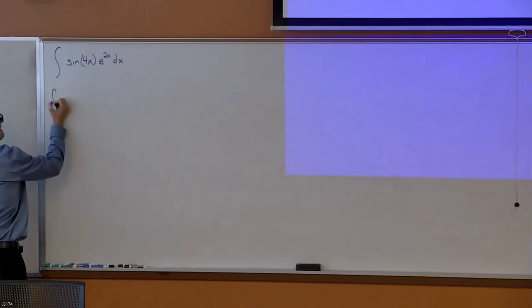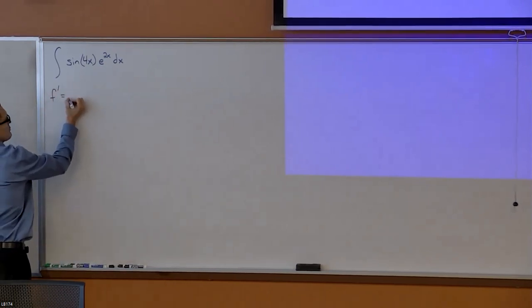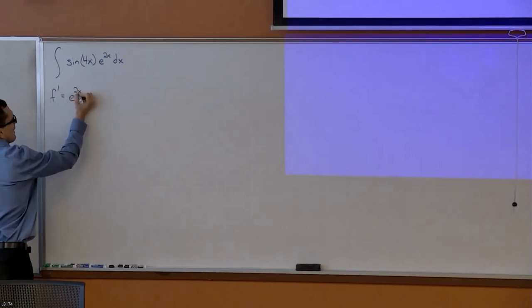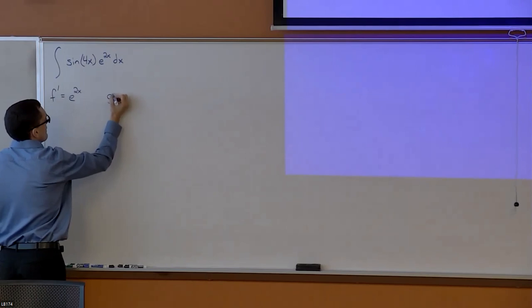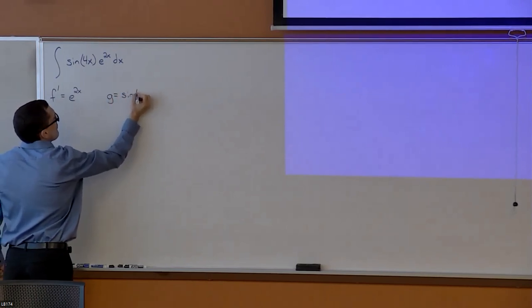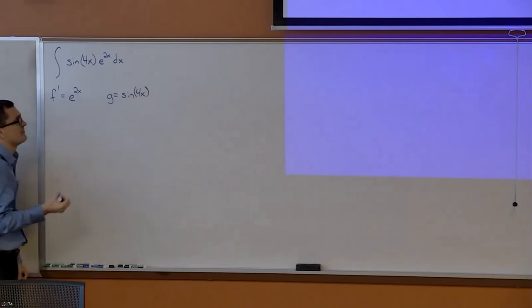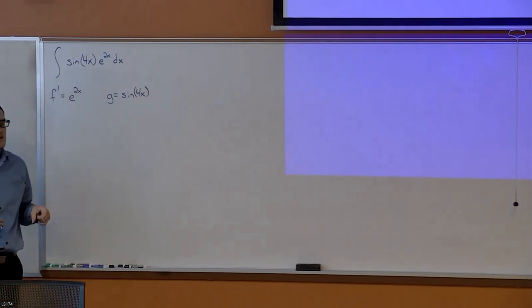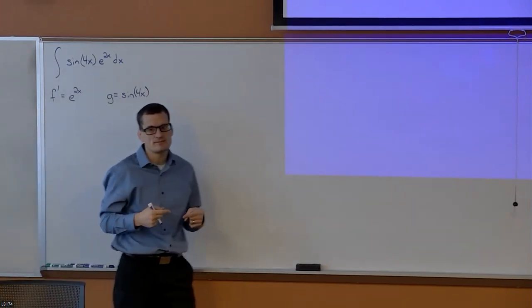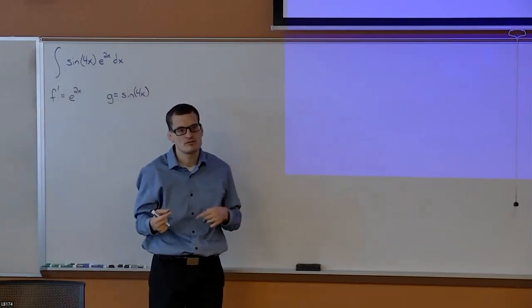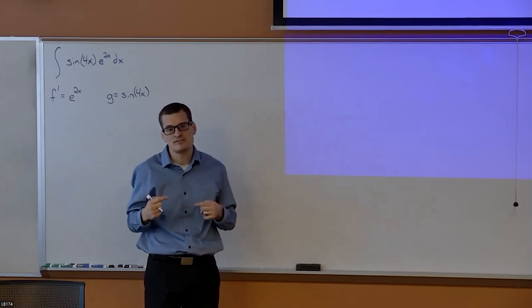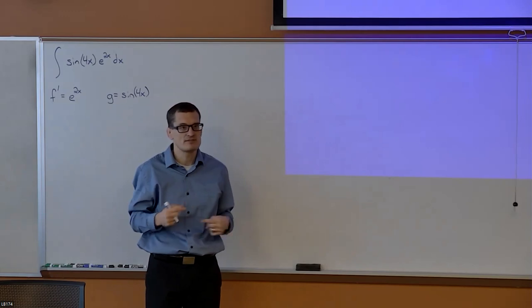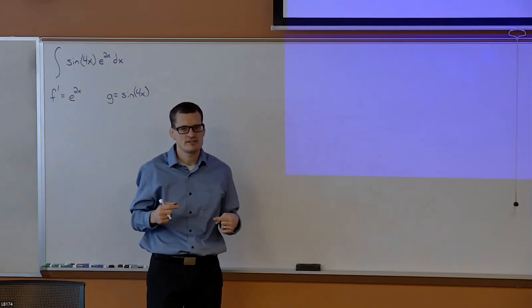Now it turns out it doesn't really matter which one I call my f prime and which one I call my g. When I take derivatives of trig functions like sine, it's just going to give me another trig function, and that's going to happen over and over infinitely many times. Derivative of sine is cosine. Derivative of cosine is negative sine. Derivative of negative sine is negative cosine, right?